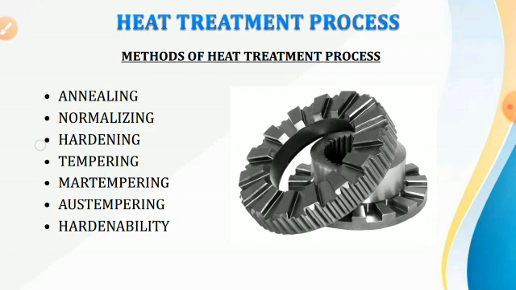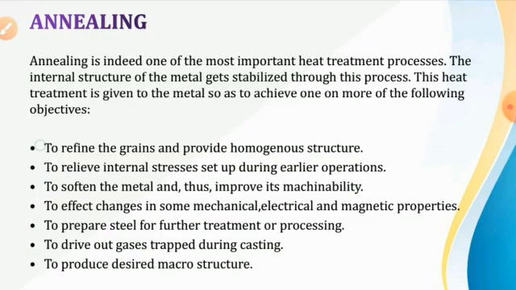And not only the cooling and heating methods, but also which properties we need to improve, like electrical properties, mechanical properties, machinability or hardenability, or some other properties, differ from each other. Let us discuss them one by one.